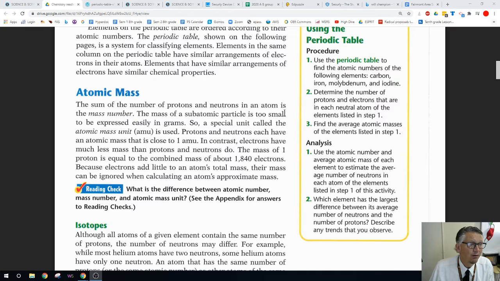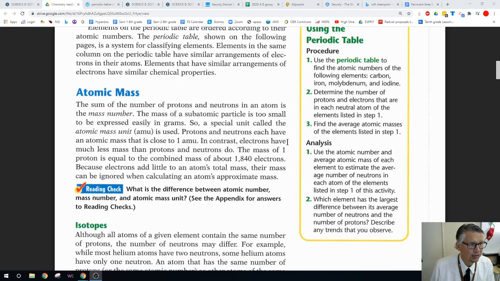The atomic mass. The sum of the numbers of protons and neutrons in an atom is the mass number, or atomic mass. The mass of a subatomic particle is too small to be expressed in grams, so a special unit called the atomic mass unit, AMU, is used. Protons and neutrons each have an atomic mass that is close to 1 AMU.